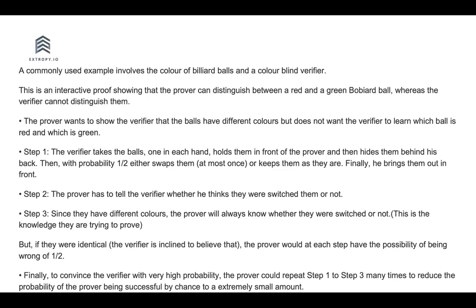So we'll repeat the process. So there is an iterative proof going on here. So he does the same thing again. We have a second round here. He brings them out again, asks Peggy if they've been swapped over or not. And Peggy again answers and correctly says whether they have been swapped.